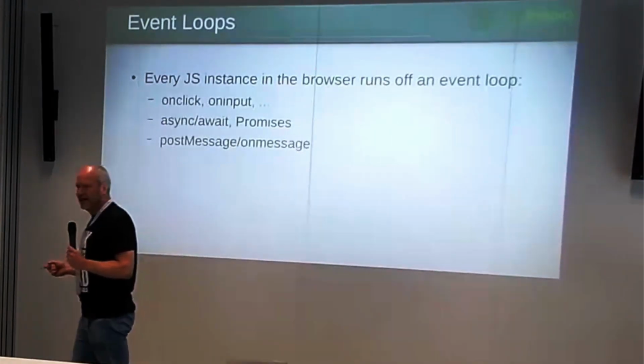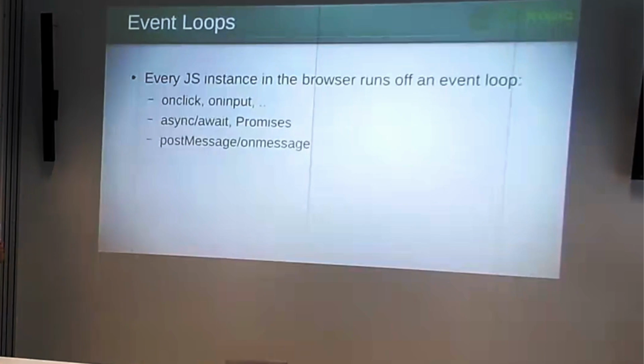What is not so nice is that this whole call stack, the browser engine doesn't want you to do that. On each of these JavaScript per-thread instances, at the bottom there is, from the browser, this event loop.